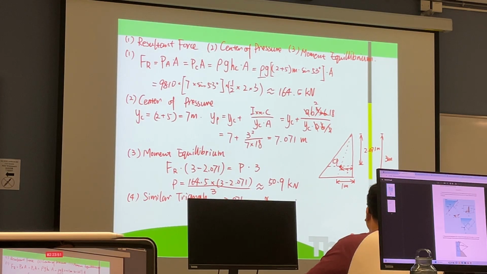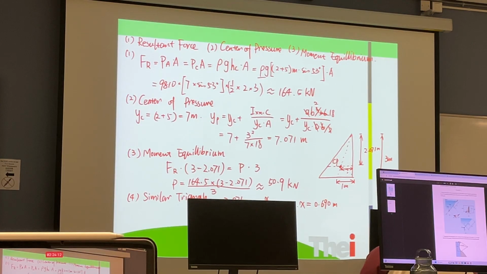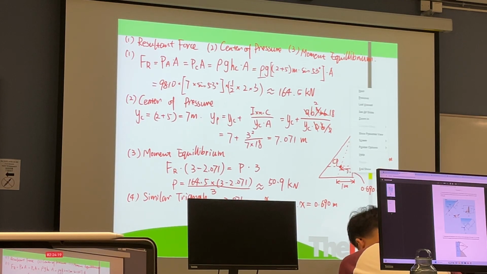So x is found to be about 0.690 meter from any one of the sides.